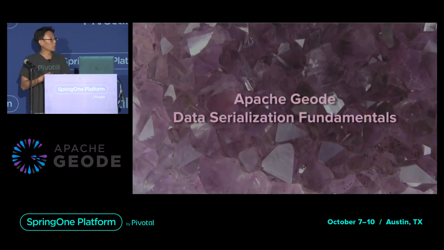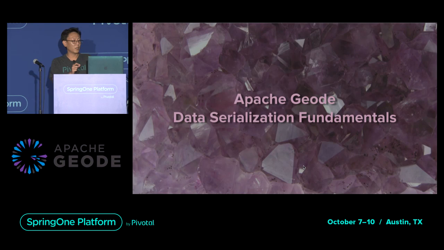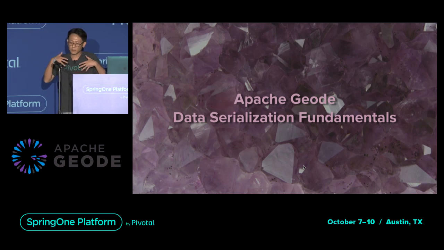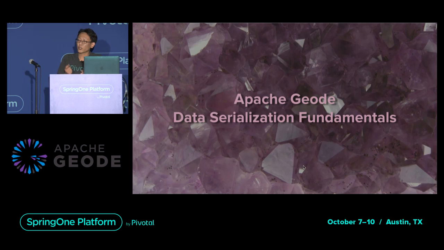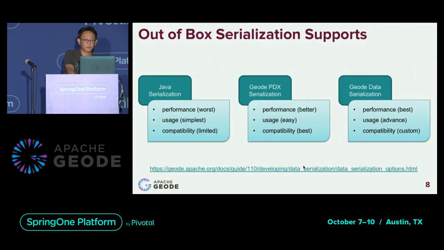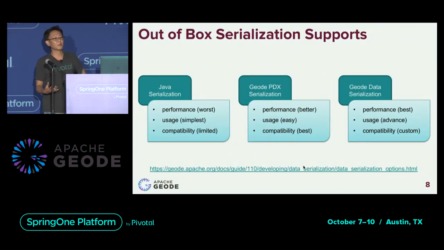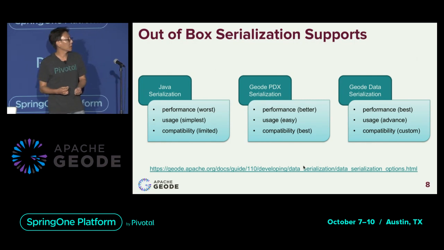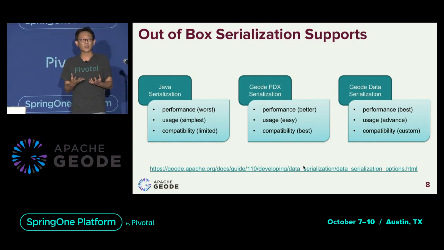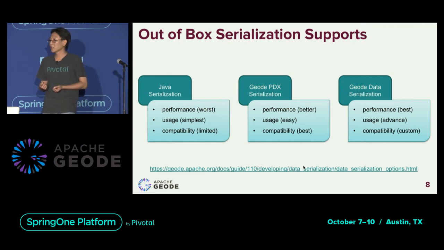So we're going to talk a little bit about Apache Geode data serialization fundamentals. I'm not going to get into very technical depth about how serialization actually happens code-wise, but just the fundamental concepts that can help us move forward. Out of the box, Geode supports 3 types of data serialization. The first one, of course, is basic regular Java serialization.